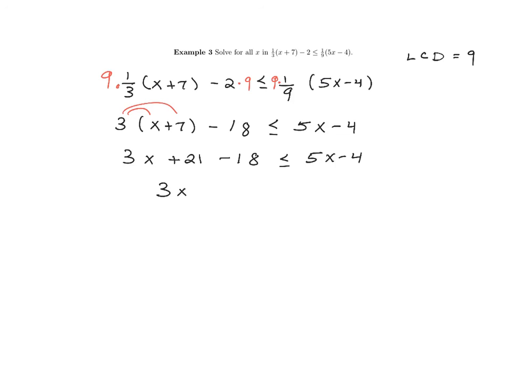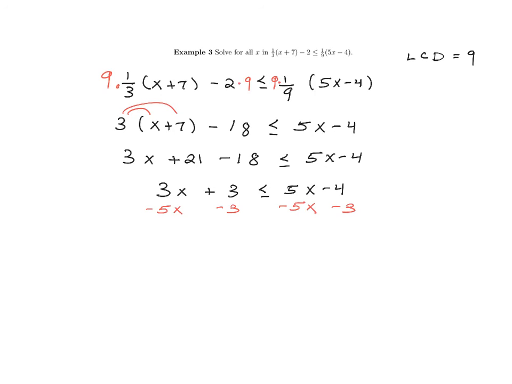So I have 3x plus 3 is less than or equal to 5x minus 4. So I guess now I could subtract 3x from both sides, but maybe just to look at this whole idea of dividing by a negative, I'm going to subtract 5x from both sides. And at the same time, we could actually just subtract 3 as well.